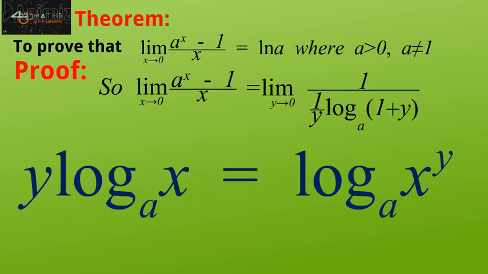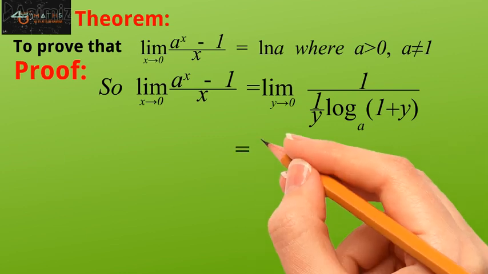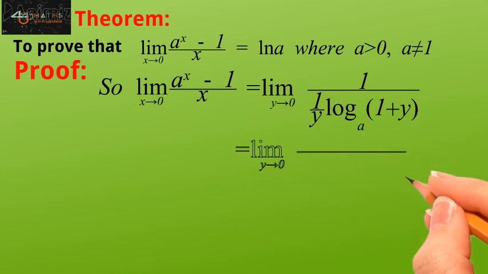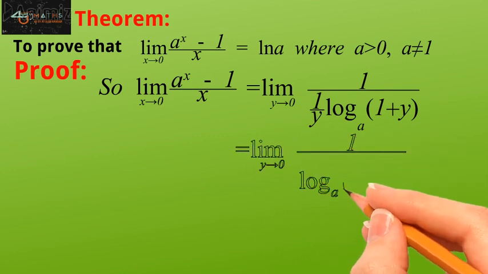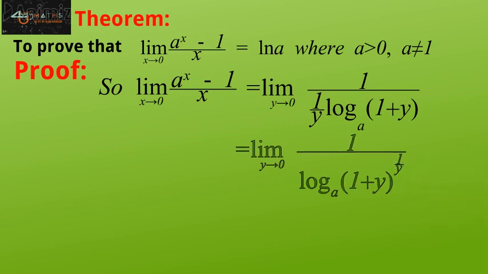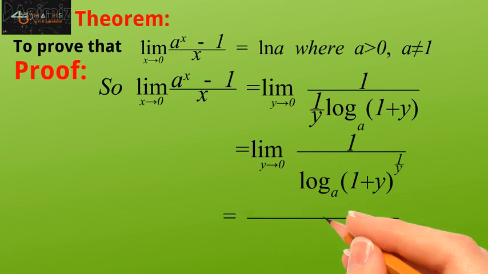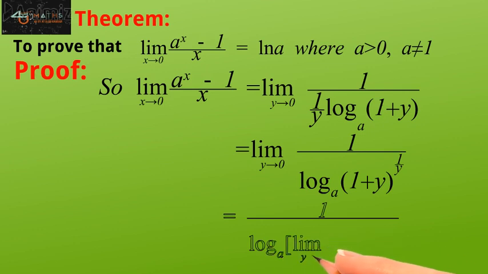So using this property, we have the limit as y goes to 0 of 1 upon log of (1 plus y) raised to 1 upon y to the base a. Now applying the limit, we have 1 upon log of the limit as y goes to 0 of (1 plus y) raised to 1 upon y, to the base a.